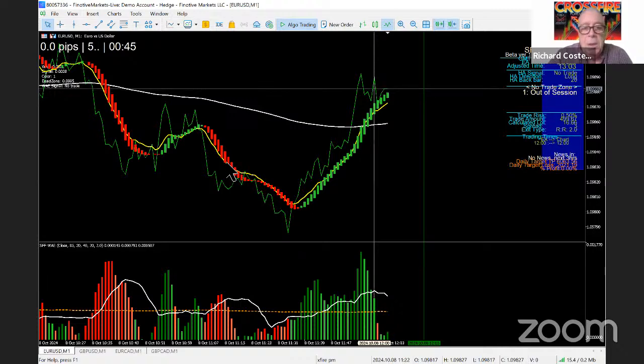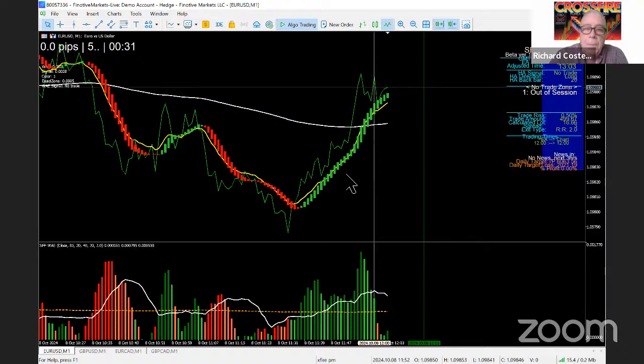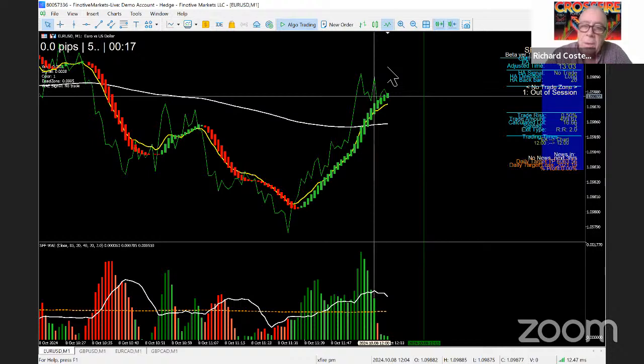You can see that those candles earlier were red and descending, and then at that point they changed to green and are now ascending. One of the things we look for, well, I better talk about the trend lines first. The trend lines are quite important to the strategy because we look for price to either be above the green trend line or below the red trend line.